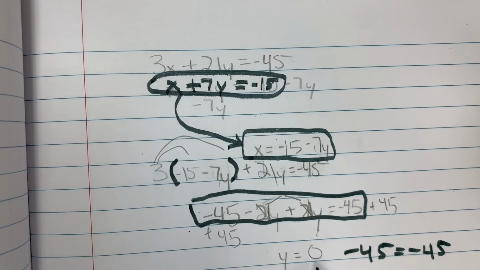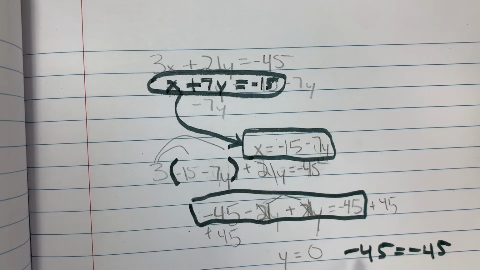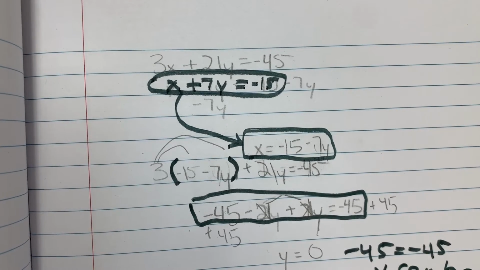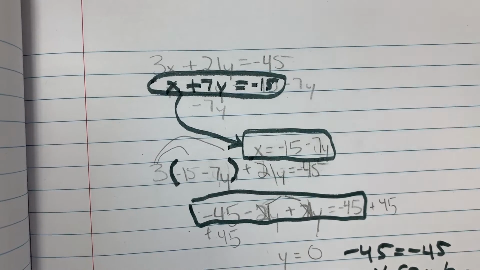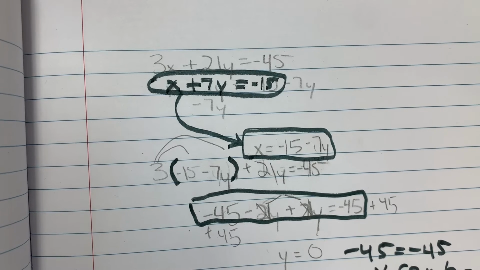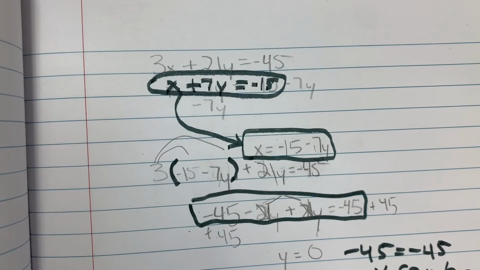And then y, in this case, y can be any number. So it would be an infinite solution. If it's that. Not yet. We don't know about x. y can be any number. Okay. That's kind of weird.